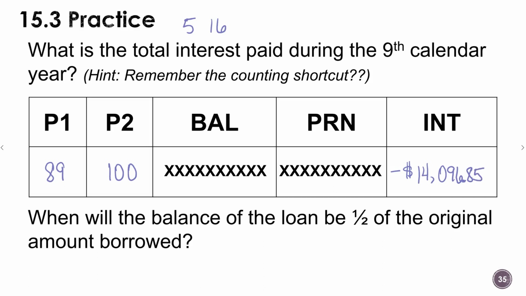And then it says, when will the balance be half of the original amount borrowed? Now, this is just a tricky thing, and this is a place where you can pause it and spend some time on this, because it will take you some time to figure it out. You're trying to see when your balance will be around $125,000, and that's around payment 206 to 207.